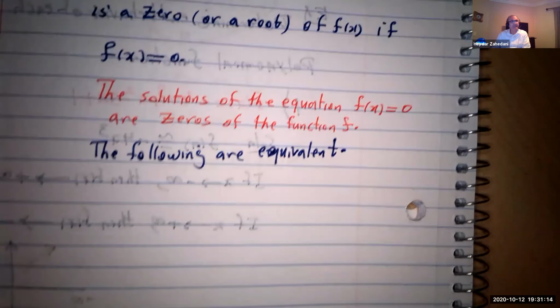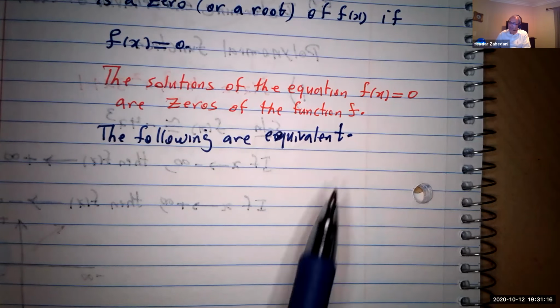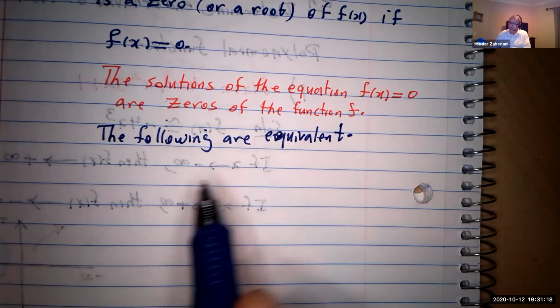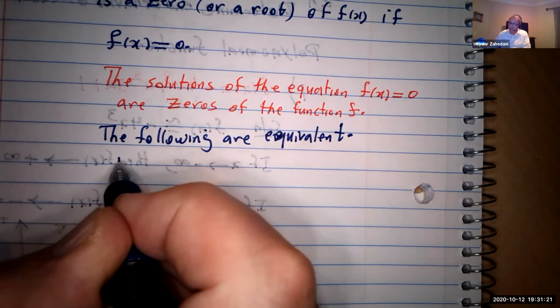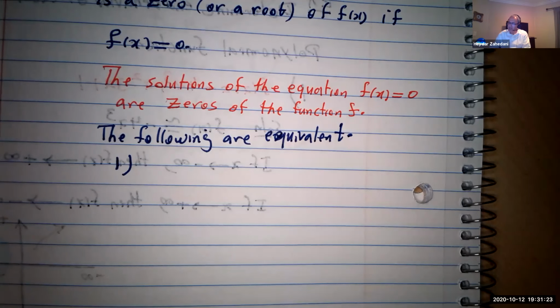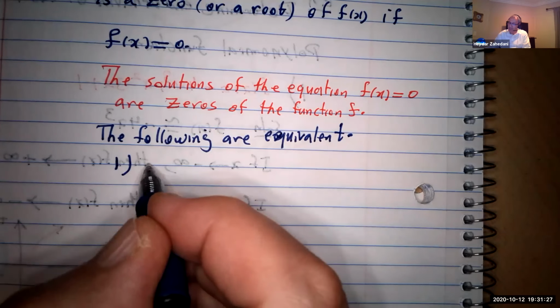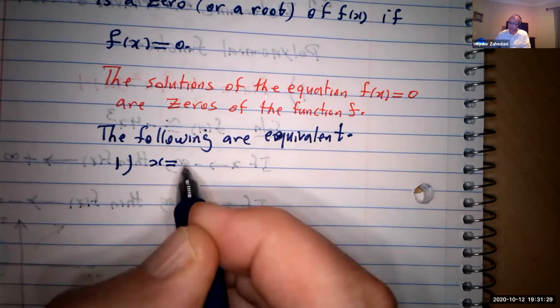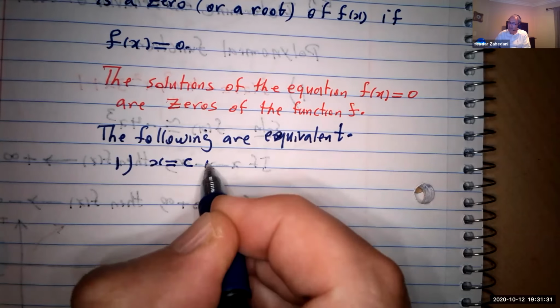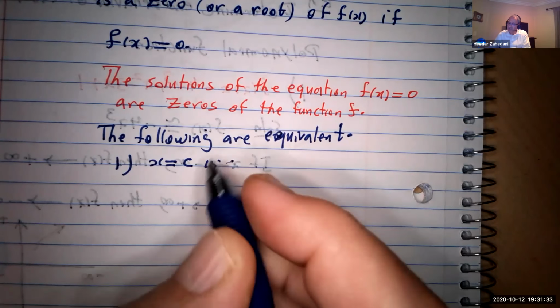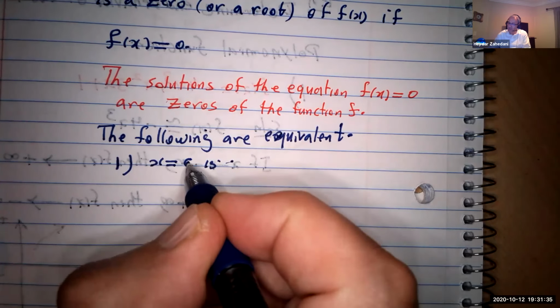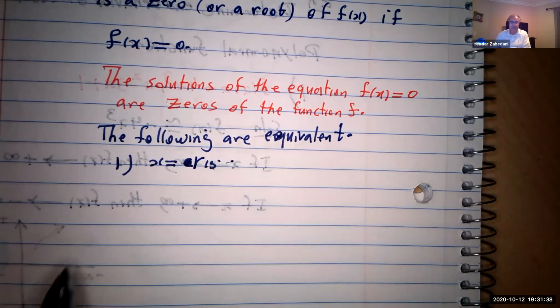The first part means x equal to r, if you like, is a zero. Let's say c, I'm going to use another notation. Your book uses r, which is no good, but I'm going to use that one.